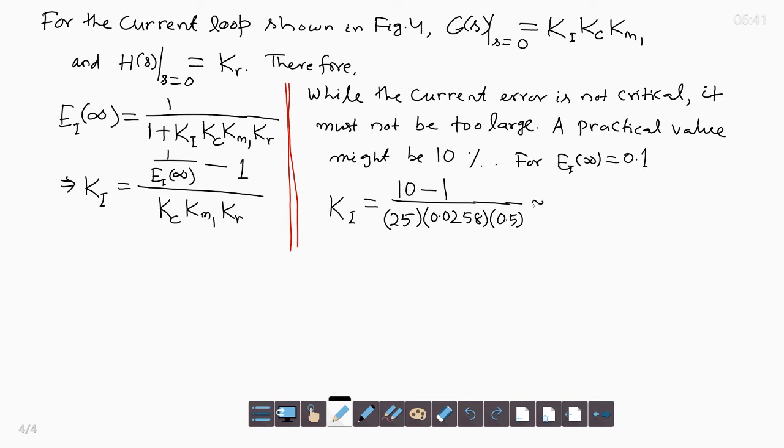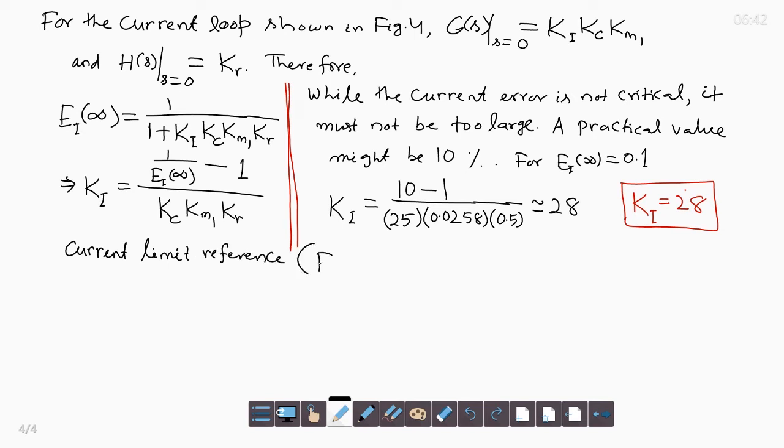So this is nearly equal to 28. So this is one important result. The current controller gain KI is 28. Then current controller gain is determined. Another point is current limit reference, that is also important.